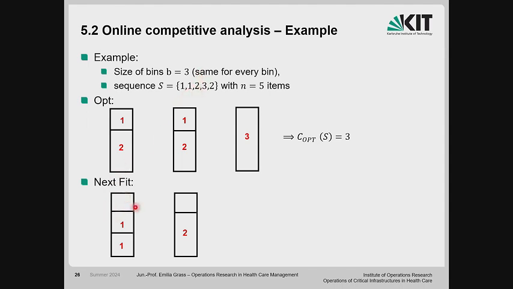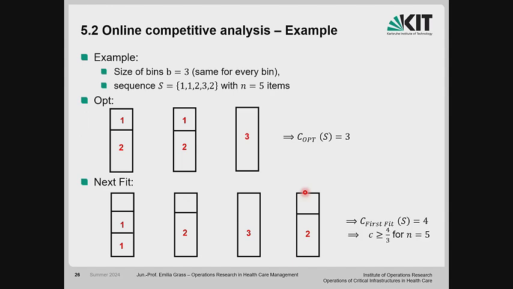It doesn't fit here anymore, so a new bin is opened. Then the next request requires a capacity of 3. Of course, it doesn't fit here anymore, so we open a new bin. And then we have the last request requiring 2 capacity units, and so we have to open a fourth bin or fourth operating room.